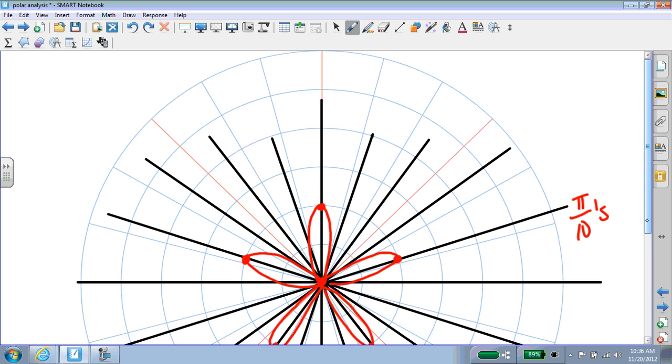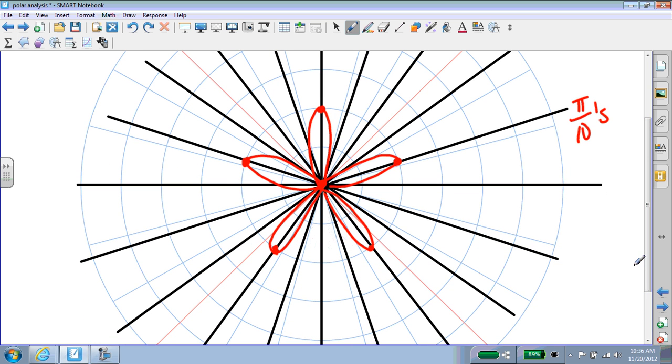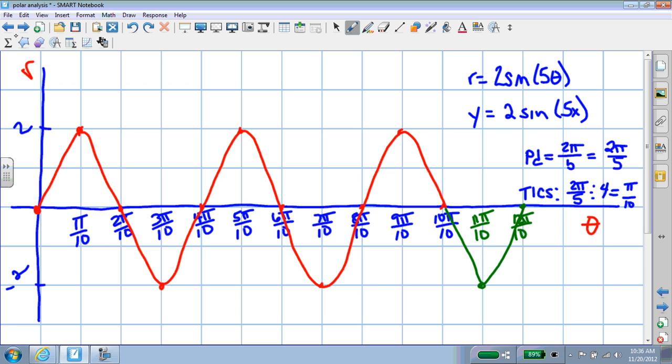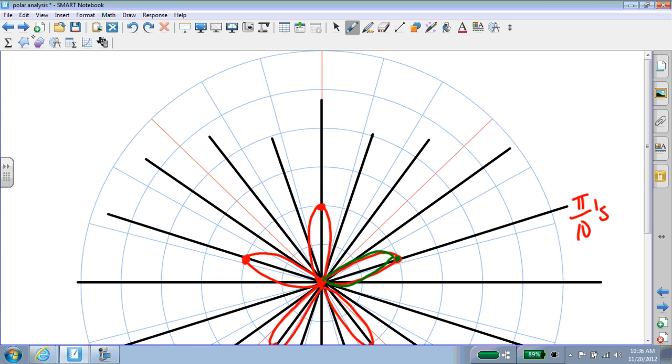So at 11 pi, see this is 10, this is 11 pi, I'm at negative 2. And at 12 pi, I'm at 0. And I increase and then decrease. So I am starting to redraw the same thing. So at 10 pi over 10, I actually had completed the cycle, and it's just going to restart.